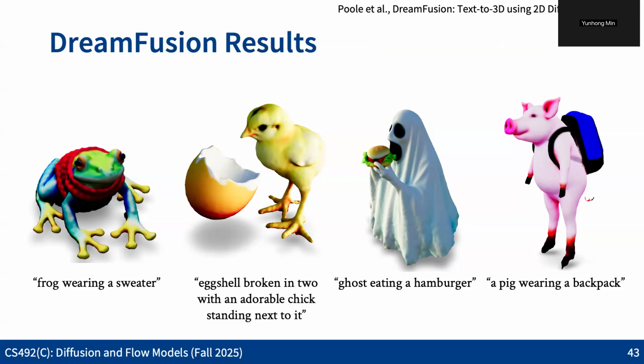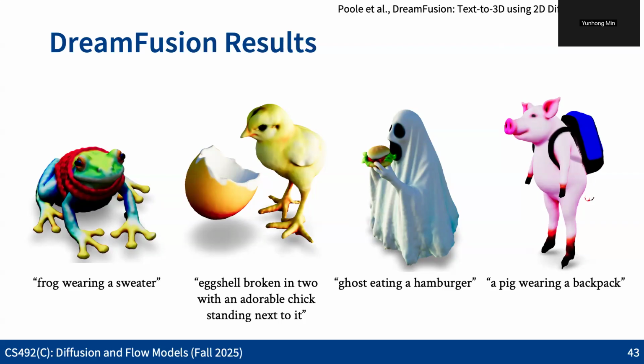Can you imagine having those kinds of 3D models on the internet? A frog wearing a sweater, and a ghost eating a hamburger. Those are really interesting, imaginative 3D outputs, but it's really hard to expect to have 3D models for those kinds of things, right?